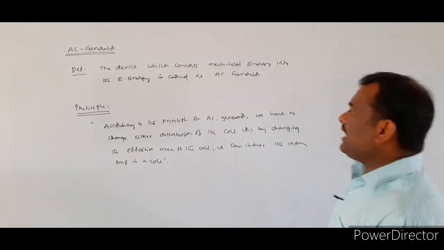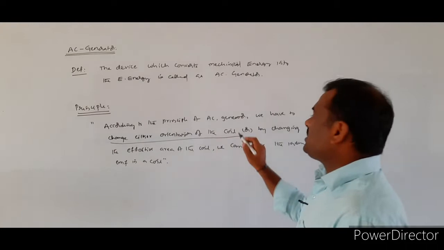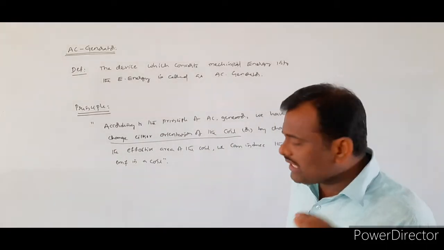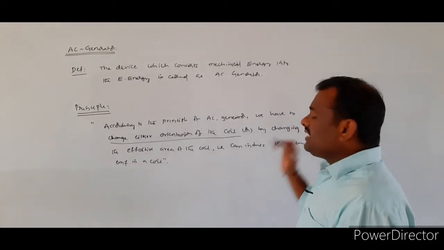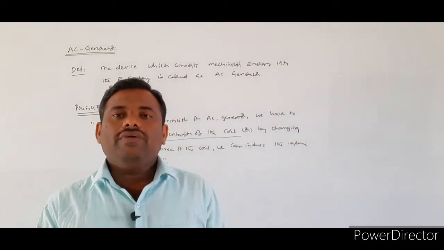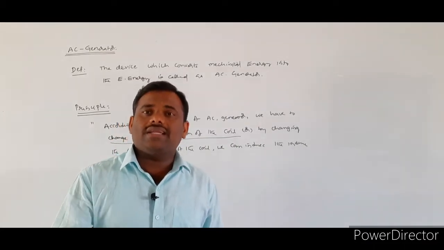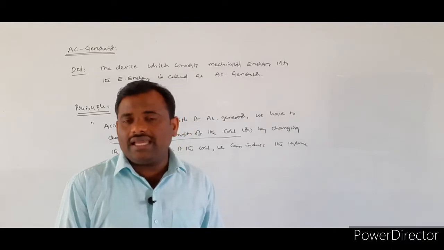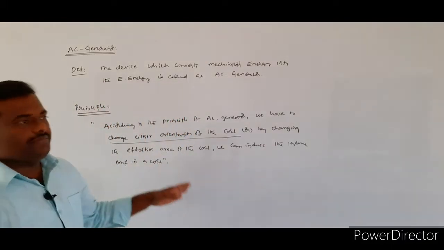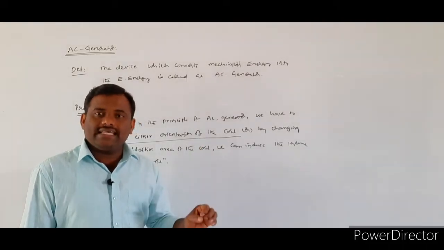Either by changing the orientation of the given coil, or by changing the effective area of cross section of the given coil, we will induce the induced EMF by changing the external magnetic flux. So this is the required principle for the working of the AC generator.